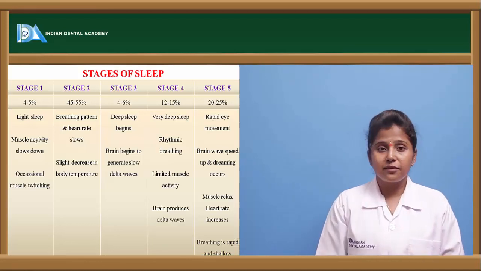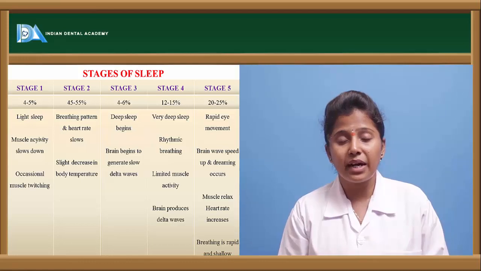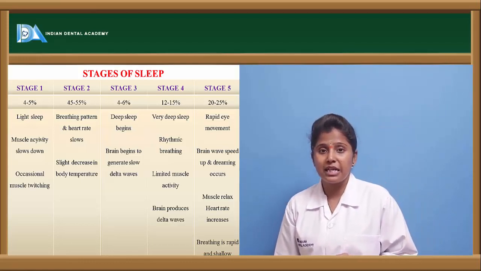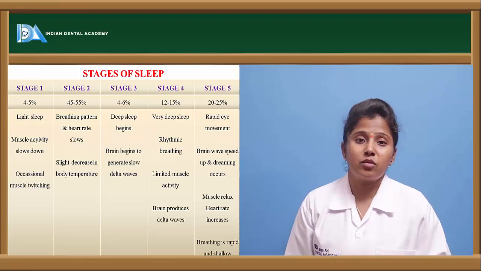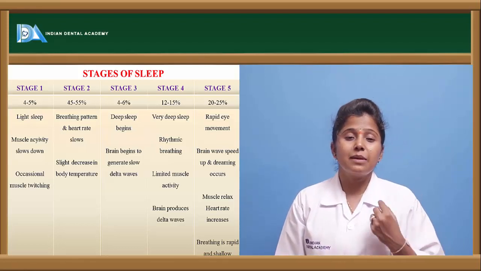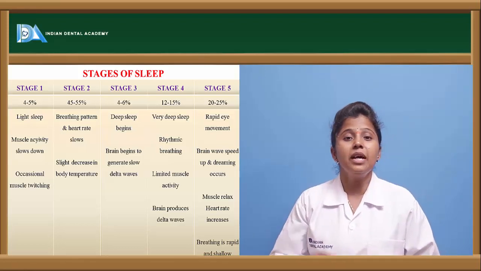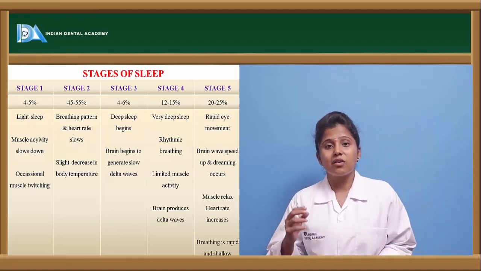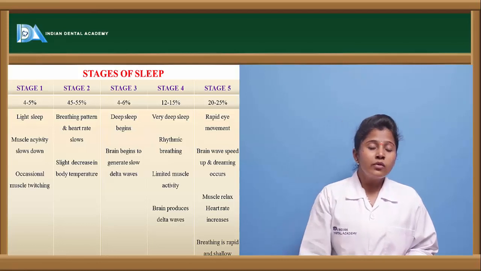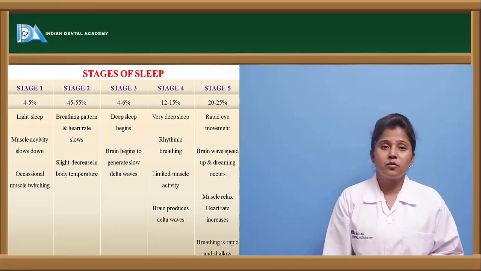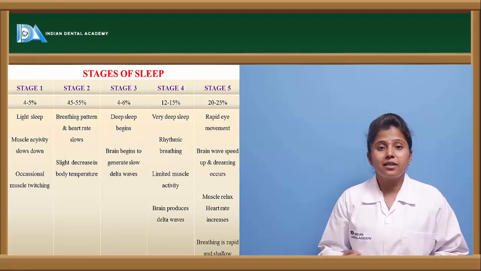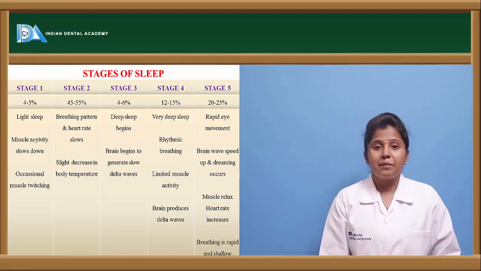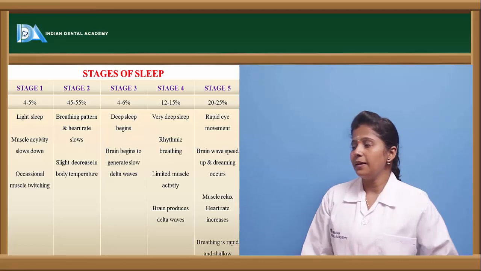Stage 5 is also called rapid eye movement sleep. From stage 1 to stage 4, it is non-rapid eye movement sleep, and here it is rapid eye movement sleep. In non-rapid eye movement sleep, there is no movement of the eyes at all. But in rapid eye movement sleep, there will be excessive movement of the eyes, and the brain wave speed will be up and down.